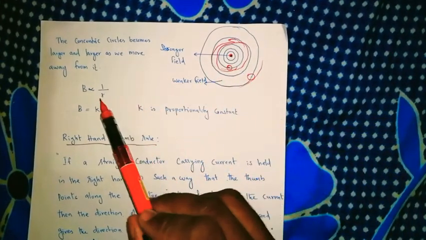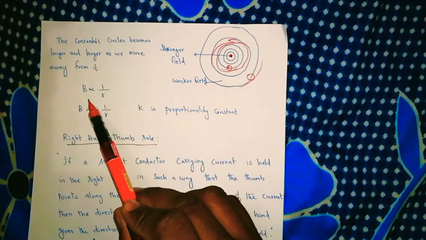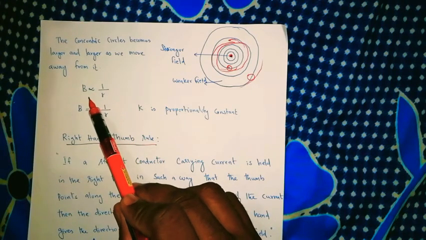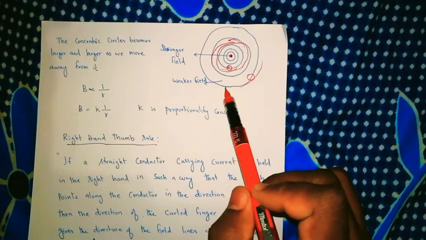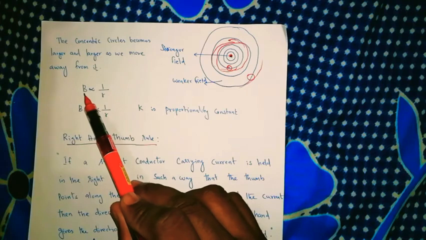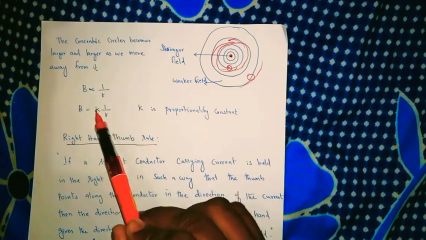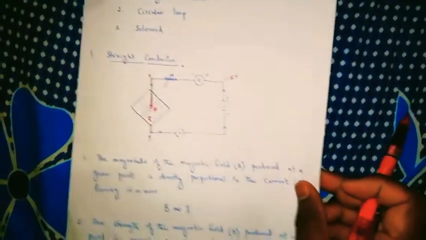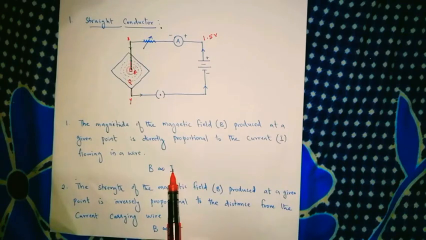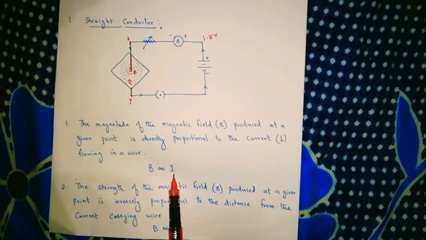And also you can find that B is inversely proportional to R. What is B? It is the magnetic field. When the radius increases, the magnetic field decreases. So we have learned two things. One is B is directly proportional to I: the magnetic field is more when current is more.